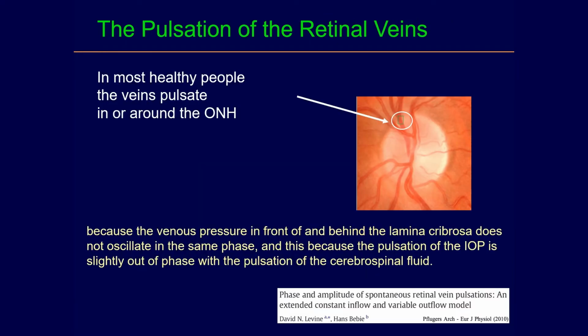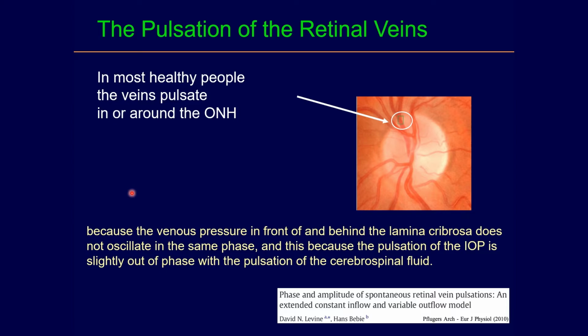Back to our veins. When we observe the blood vessels at the back of the eye, we see that in most healthy people, the veins in and around the optic nerve head pulsate. The reason for this pulsation is by no means trivial. Many scientists have tried to explain this phenomenon.